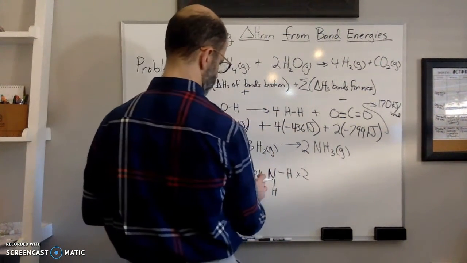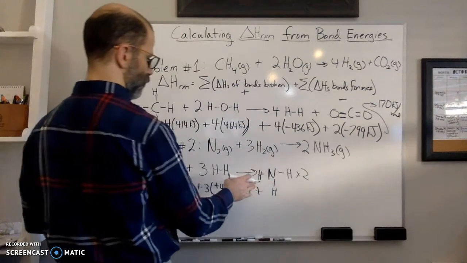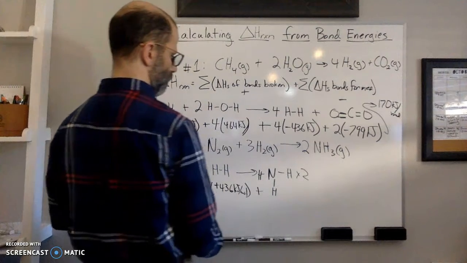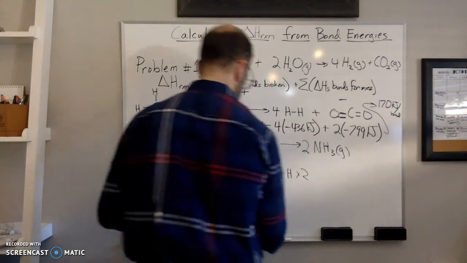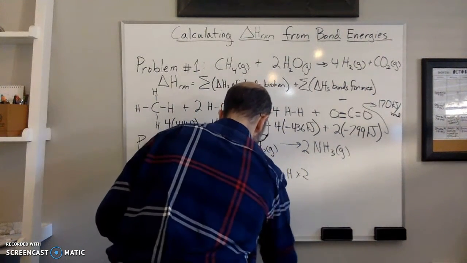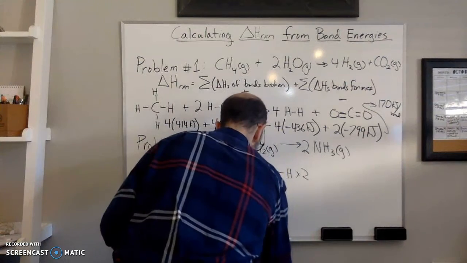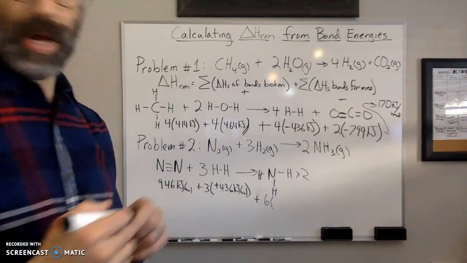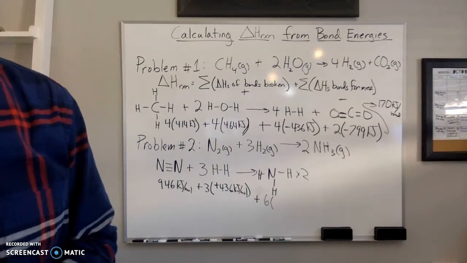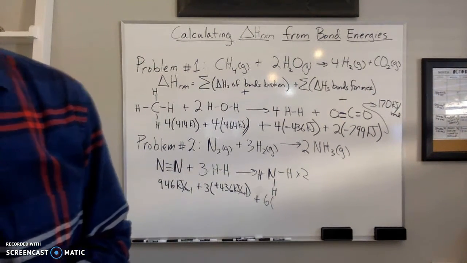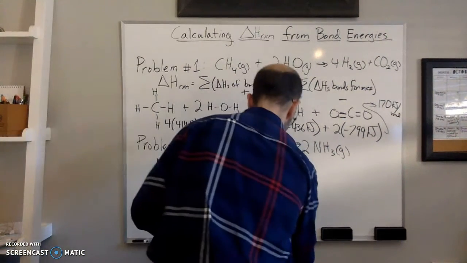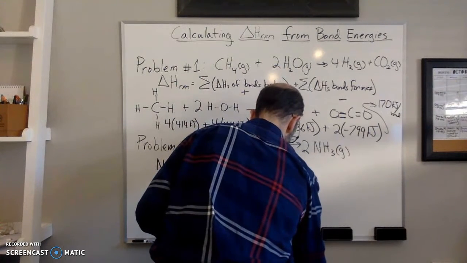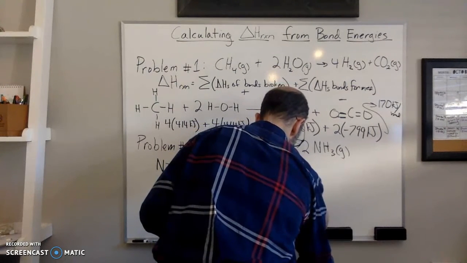Here we have 3 nitrogen-hydrogen single bonds, multiplied by 2, so we have 6. So that's plus 6 times the nitrogen-hydrogen bond energy, 389, and that's negative because we're forming the bond: negative 389 kilojoules per mole.